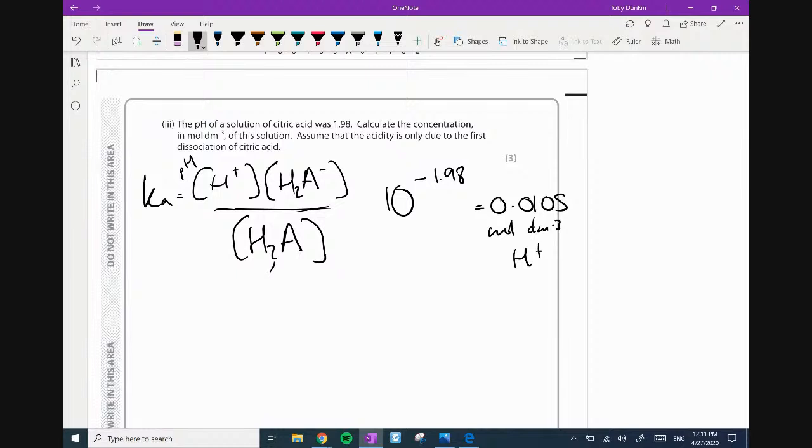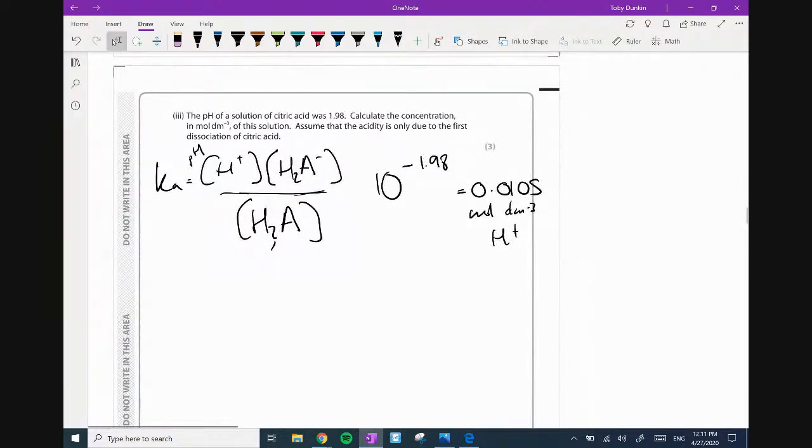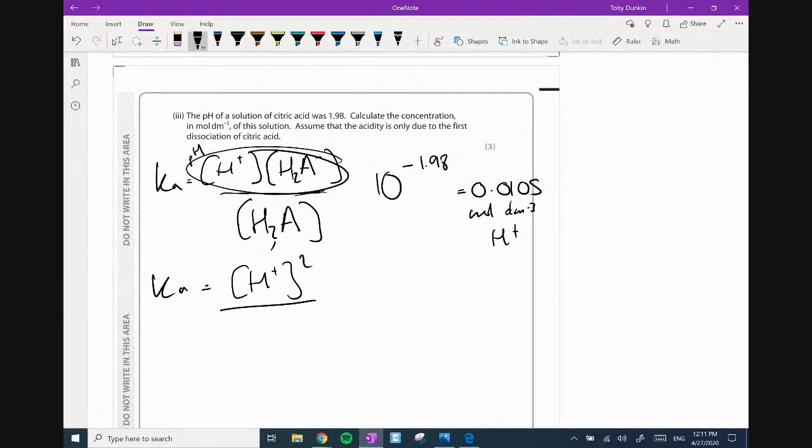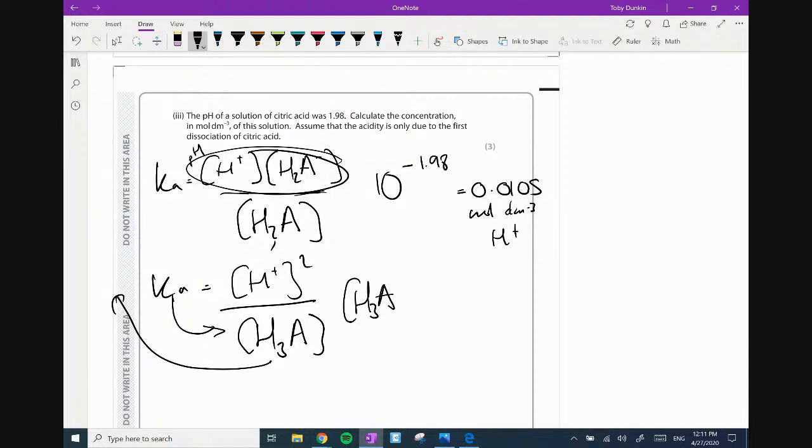I like it. Right, so now what we can do is say that these two are the same. So Ka equals H plus squared all over H3A. Reorganize, bring that up, bring that down. So the concentration of H3A is going to be equal to the concentration of H plus squared, which we've just worked out, all over the Ka value.